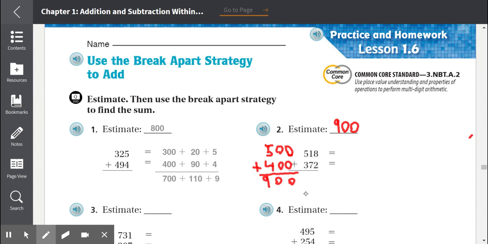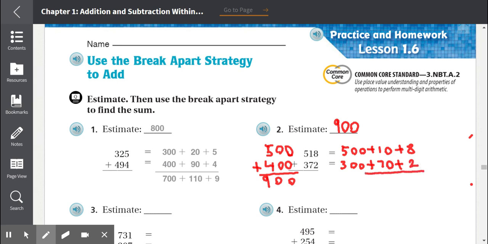So now let's break apart these two addends by place value. So 518, there are 500s plus 10 plus 8 ones. Now let's break apart 372. There are 300s plus 7 tens. 7 tens equals 70 plus 2 ones.